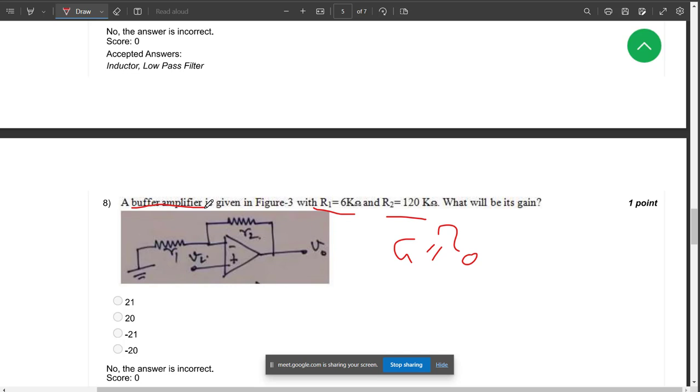The output is the same as that of the input.